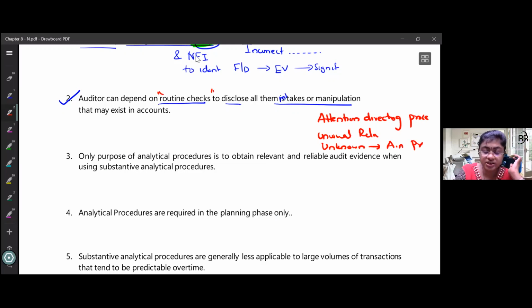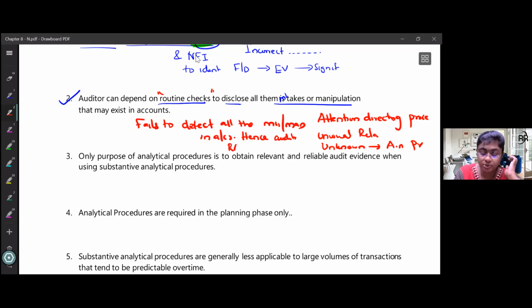So routine checks fail to detect all the mistakes or manipulation in accounts. Hence, auditor shall do what? Ratio analysis, trend analysis, reasonableness check, etc. Here they say routine checks will disclose all. No. So answer is incorrect.